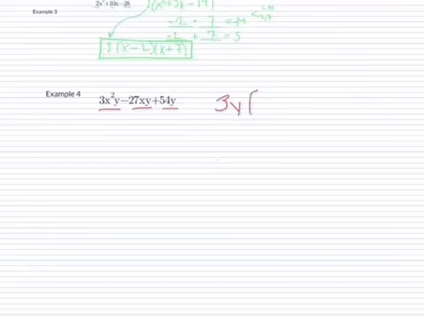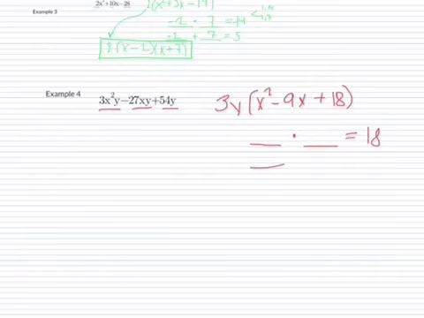And then what we end up with is x squared minus 9x plus 18. All right, so the 3y will carry with us, but let's think about two numbers that will multiply to get to 18 and add to equal negative 9.